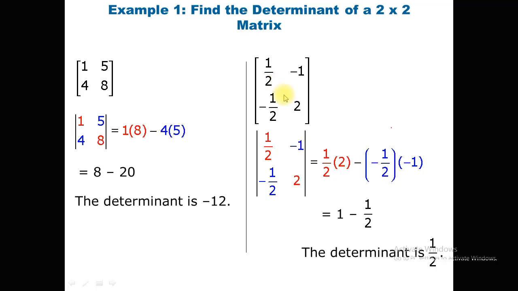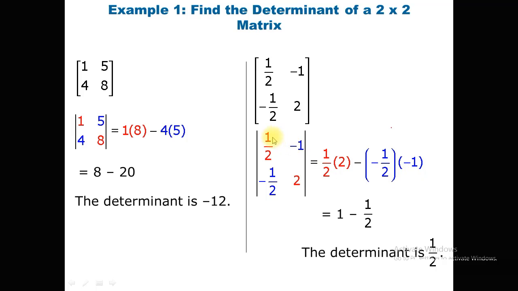Now this is another 2 by 2 matrix. Multiply these two diagonal entries and multiply these two diagonal entries: 1 over 2 multiplied by 2, minus 1 over 2 multiplied by minus 1.